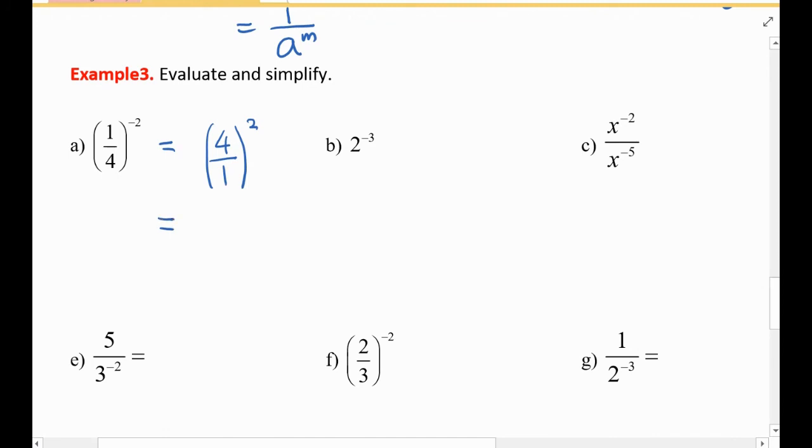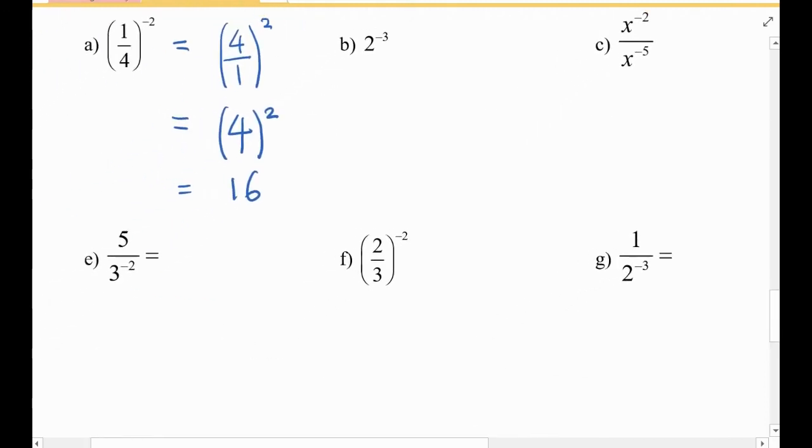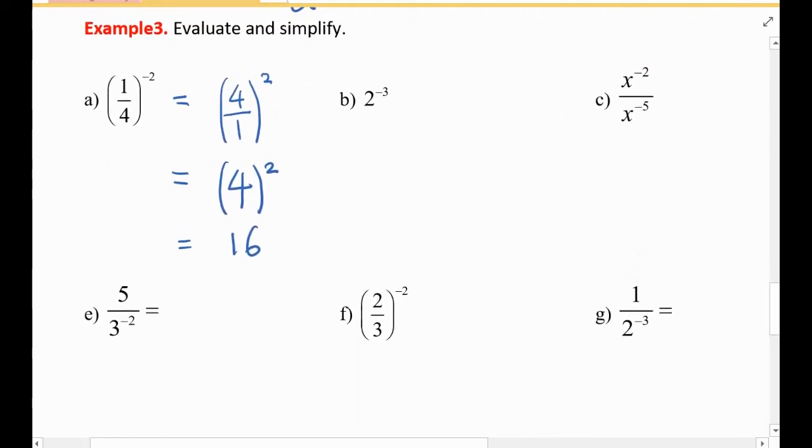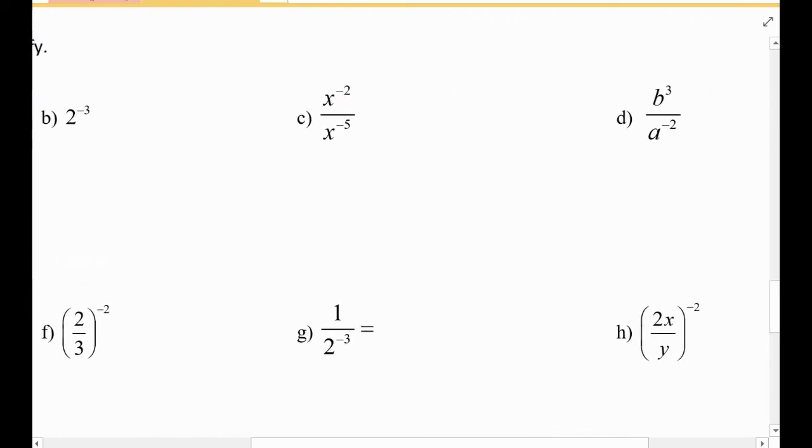And always, everyone, do not leave the power like this. You have to simplify it. 4 to the power of 2 because 1 to the power of 2 is always 1. So 4 to the power of 2. What is 4 squared? 4 squared becomes 16. Alright everyone, I want you to try other questions and I'm going to go over it together. Okay, go ahead.